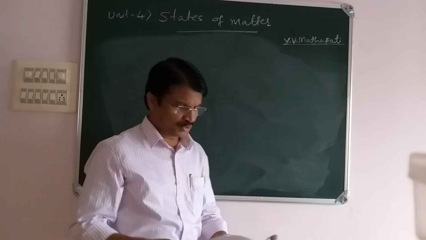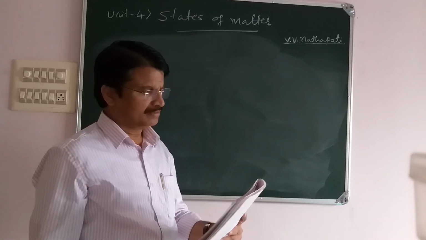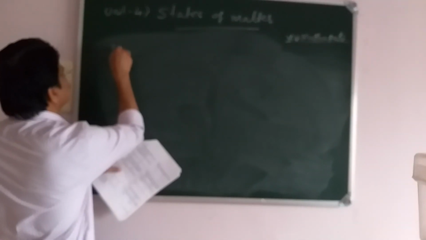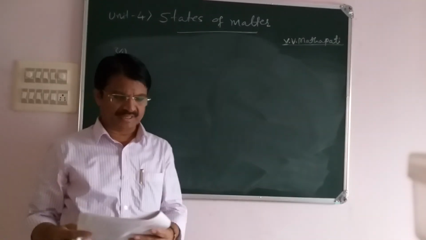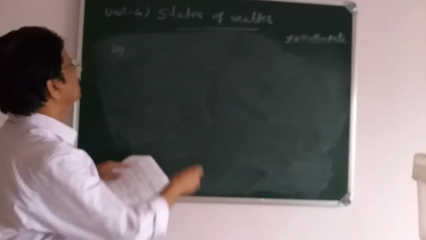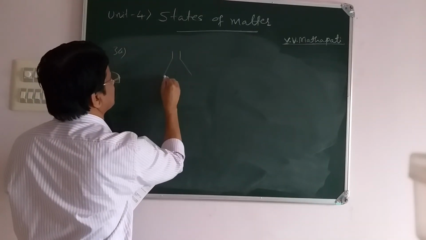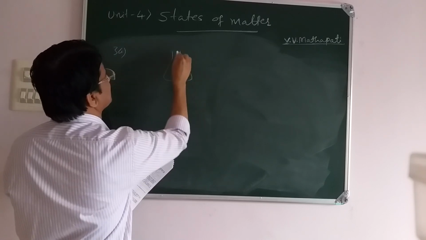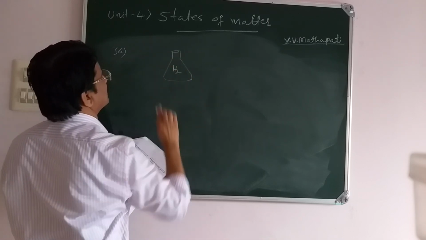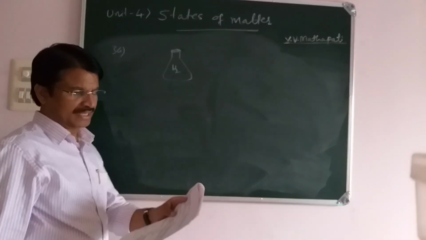Now, question number 34. Somewhat different. Partial pressure of hydrogen in a flask. There is a flask. In a flask, hydrogen gas is taken.